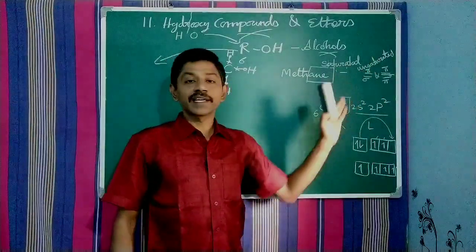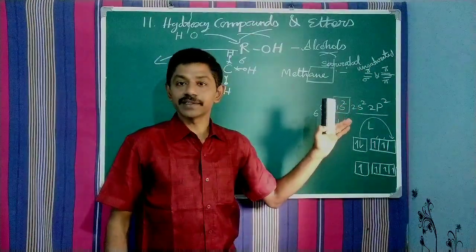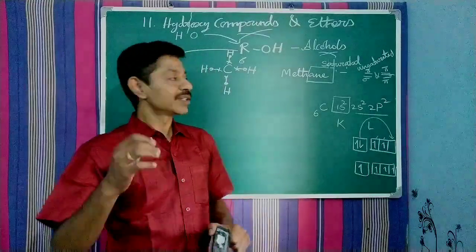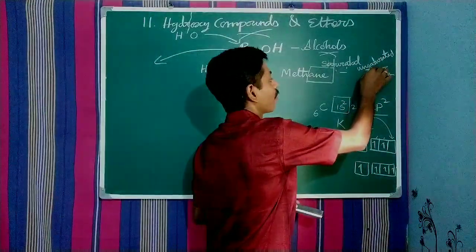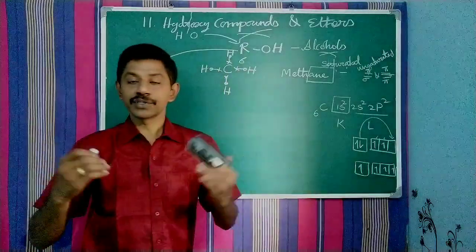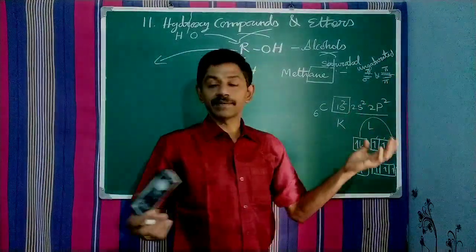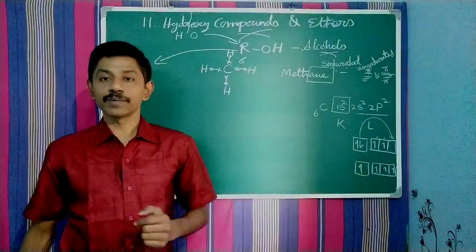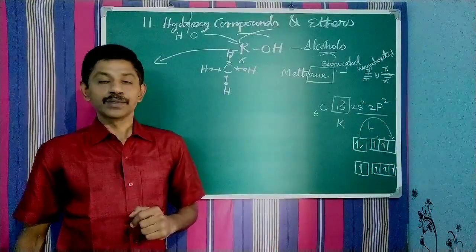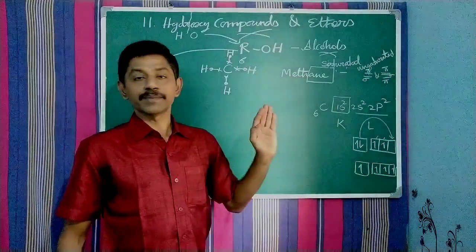So from the name itself you can understand unsaturated, they need more people. So what happens, they will break their bond easily and attach 2 more atoms. Here in alkynes they will break 2 of the pi bonds. We will be learning about all that in a later part.